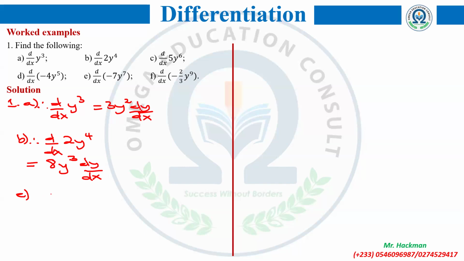Together. C, what are we given? We've been given d/dx of 5y to the power 6. In this case, we are going to get equal to, help me, the entire class: 30, you multiply this and this, which will give us 30y to the power, you are subtracting, not adding, 5.